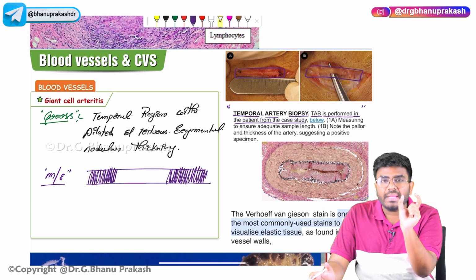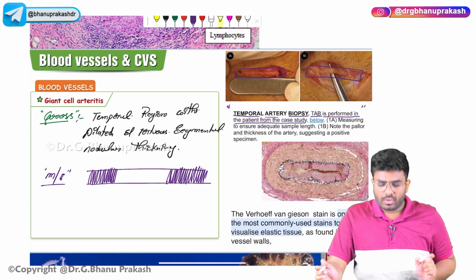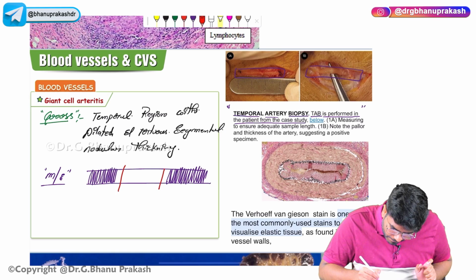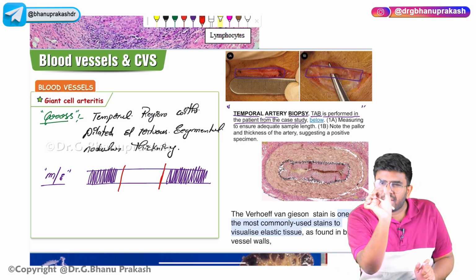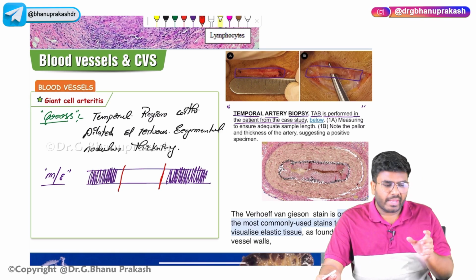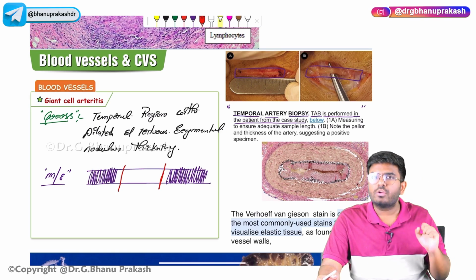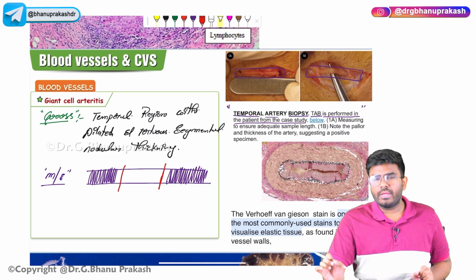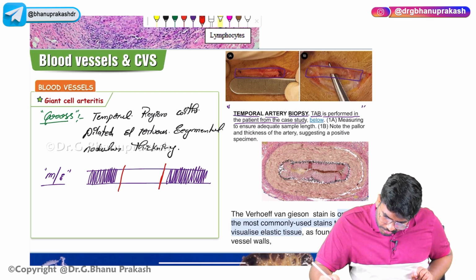So there is segmental involvement. So if you take a biopsy in that small area, will you be able to look at the inflammation? Will you be able to pick up the diagnosis? No, definitely not. So small biopsies are not enough. You need to take a large biopsy. That's the important point which I want you to know.